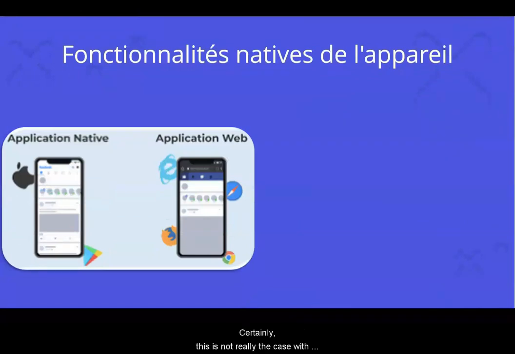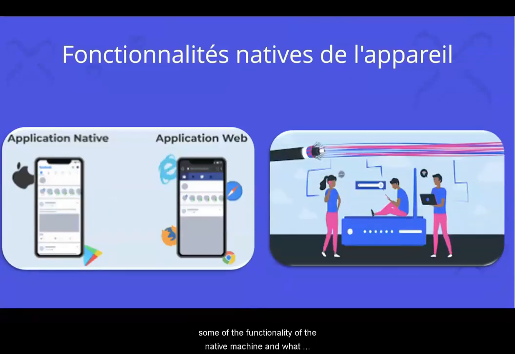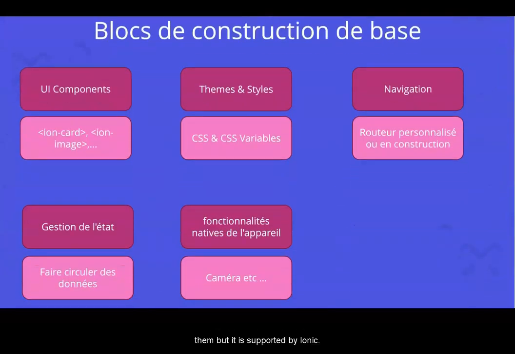Certainly, this is not really the case with web applications, although you can access some of the functionality of the native machine, and you will also learn that in this course, but especially in a native application you can access all the capabilities of the native machine, for example, the contacts and so on. All this is possible, not made possible by the IONIC component suite, but by Capacitor, which is also developed by the IONIC team, or by Cordova, which is not developed by them, but it's supported by IONIC.